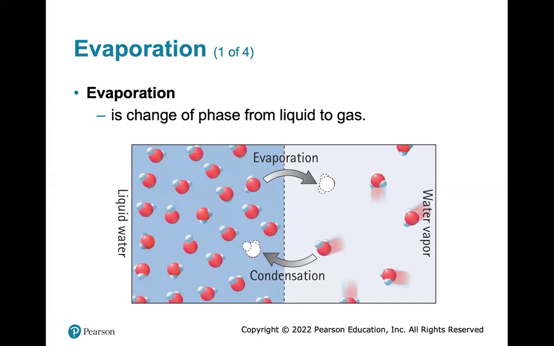If everything's in equilibrium, you won't see any loss of water because as many molecules that are leaving the water, you have molecules returning, and it stays in equilibrium. Now, if it's a warmer day, you're going to release more molecules to evaporation.